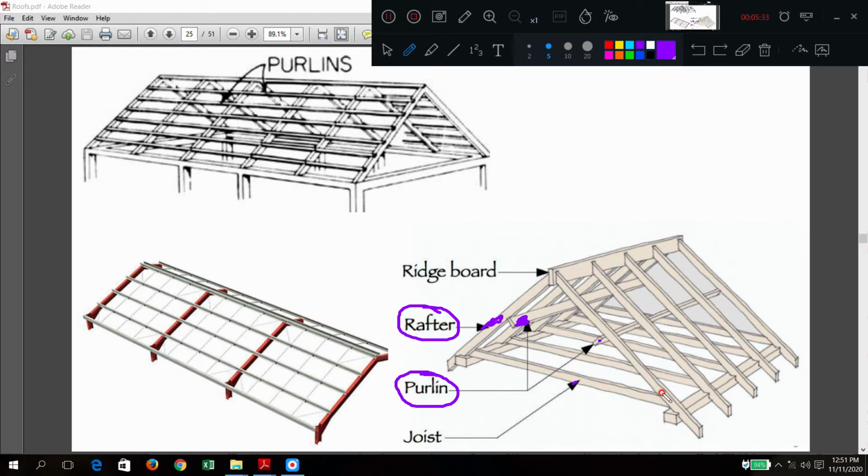To fix the purlins, generally you have cleats, though in this diagram they are not shown. Purlins will run throughout the length of the roof. You can see how the purlins are running like this. All these are purlins.